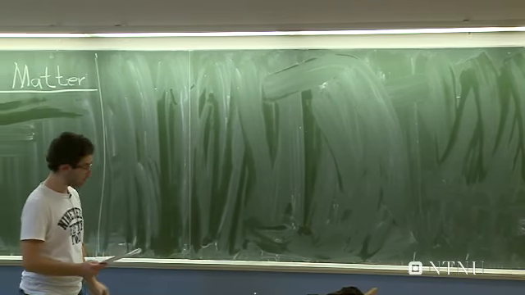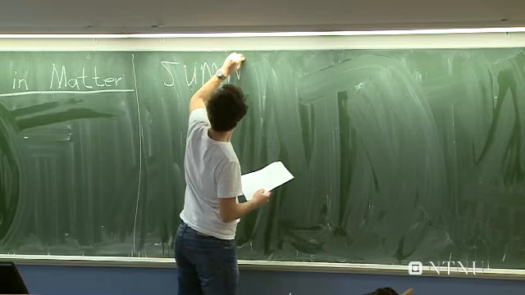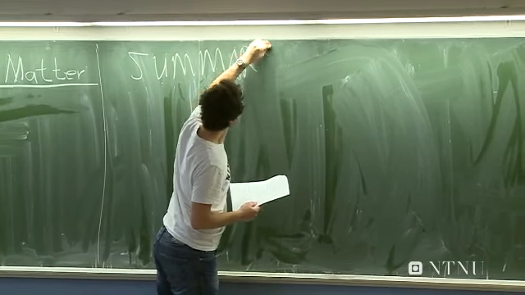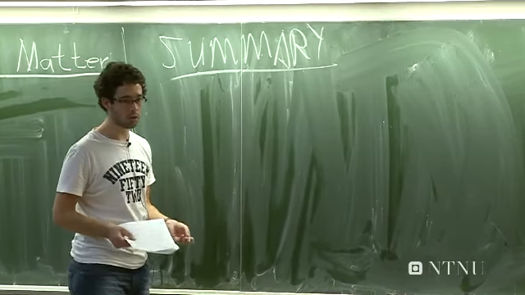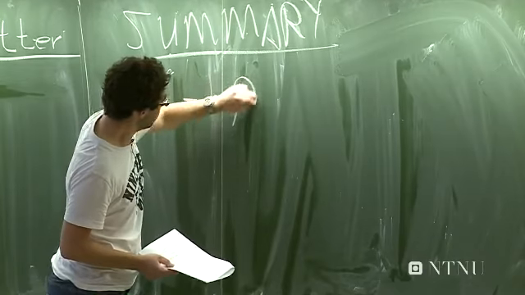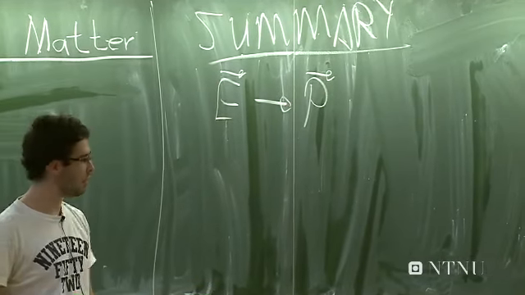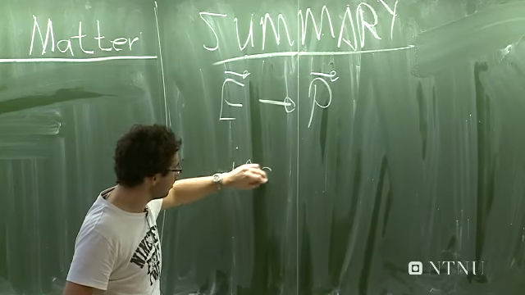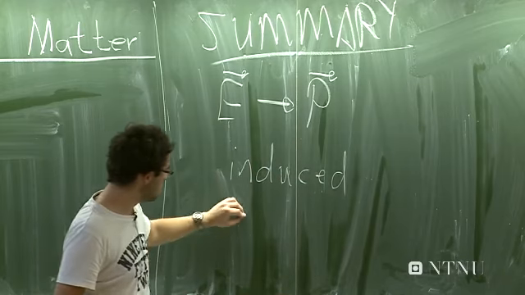So let's see. Summary. If we're inside a dielectric medium, E causes P. The electric field causes polarization. This is because we have induced dipoles or oriented dipoles.